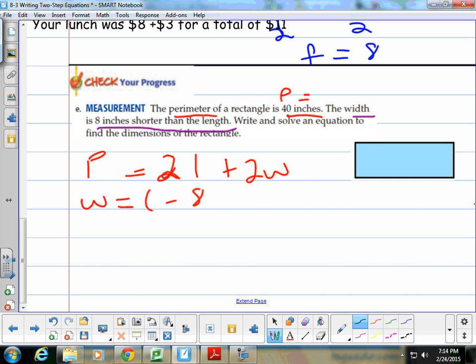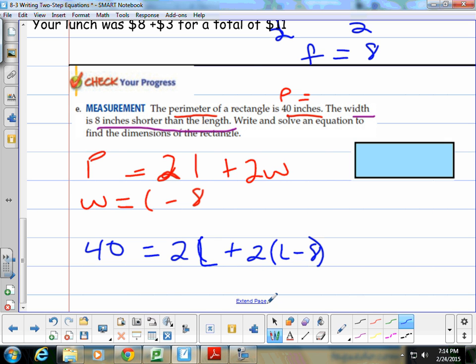So what I can do is plug in what I know. What I do know is the perimeter is 40. And I also know twice the length plus twice the width, which I happen to know is the length minus 8. If you can't tell that's an L, maybe make it a capital L instead.